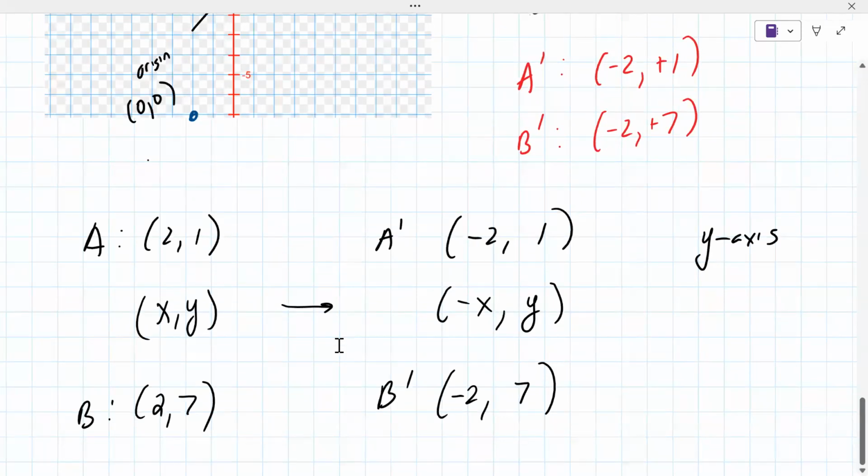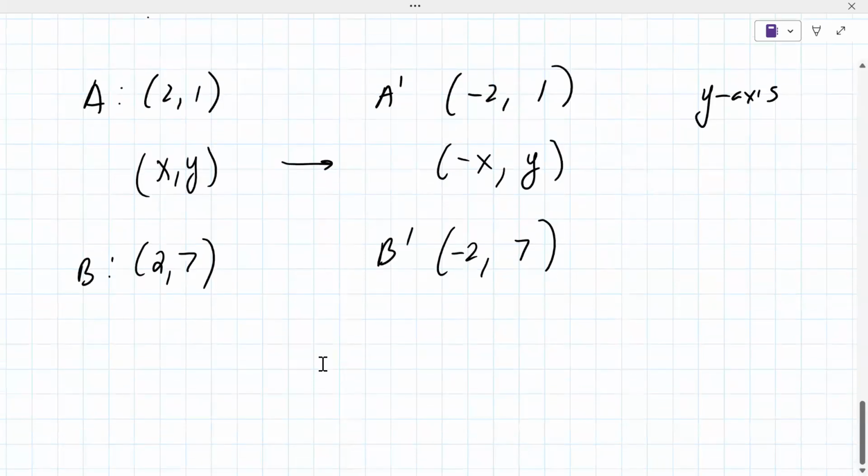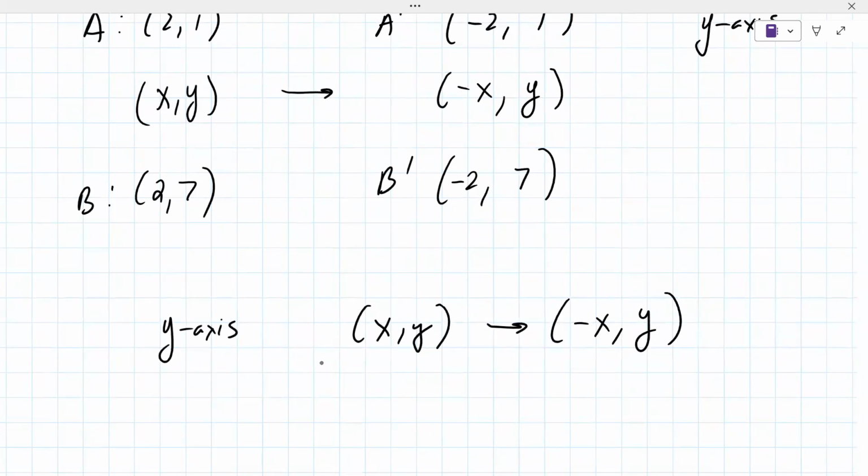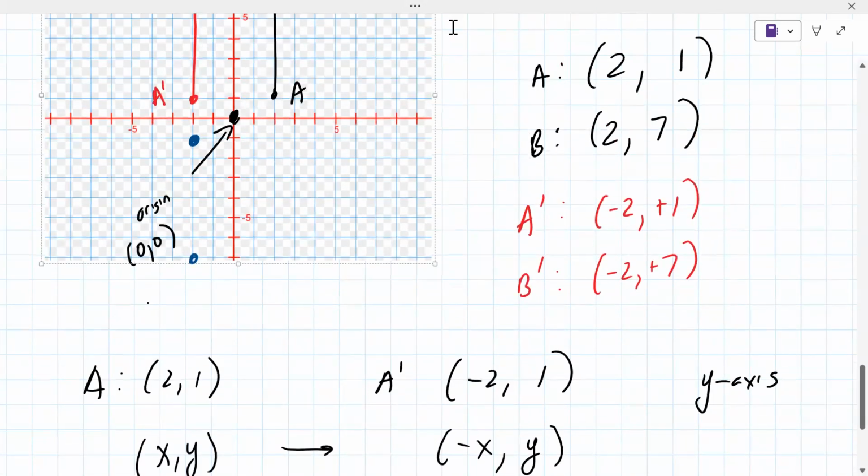It does. So the rule for the y-axis is that x comma y goes to -x comma y. Did you talk about any rules like that in class? No. Okay. You may see that tomorrow.